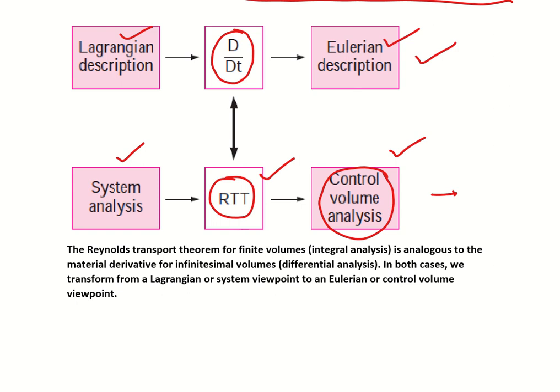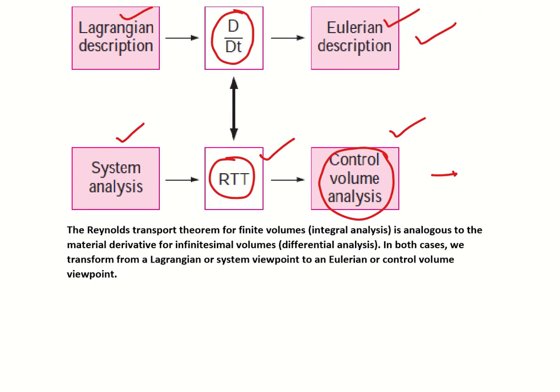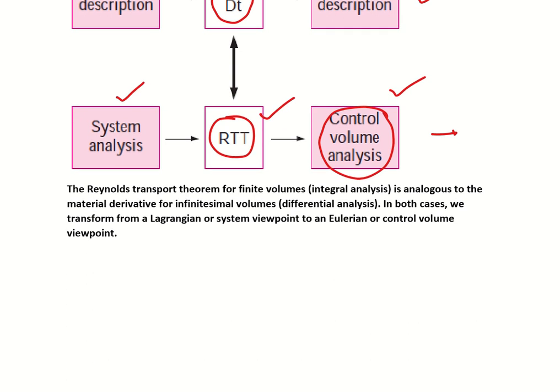Now in the last we slightly discuss what is system and what is control volume, though in thermodynamics you have already studied this. So let's say this is a control volume. Outside this surface is known as the environment. If mass can come in and mass can go out through this surface, then this is known as a control volume.